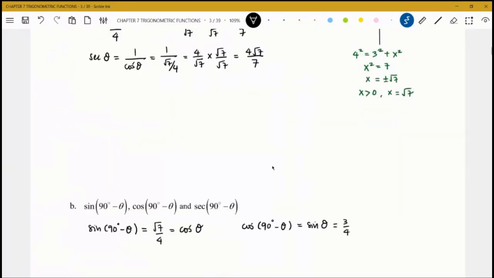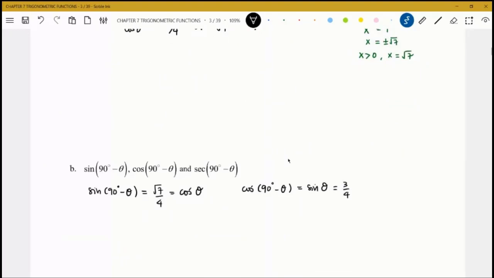Okay, and then the last one which is secant 90 minus theta. Secant 90 minus theta ni tukar jadi apa? 1 over cos 90 minus theta, good. So cos 90 minus theta we already have it here.